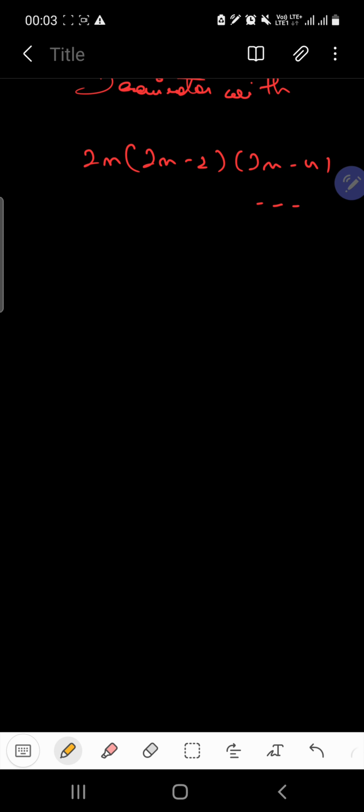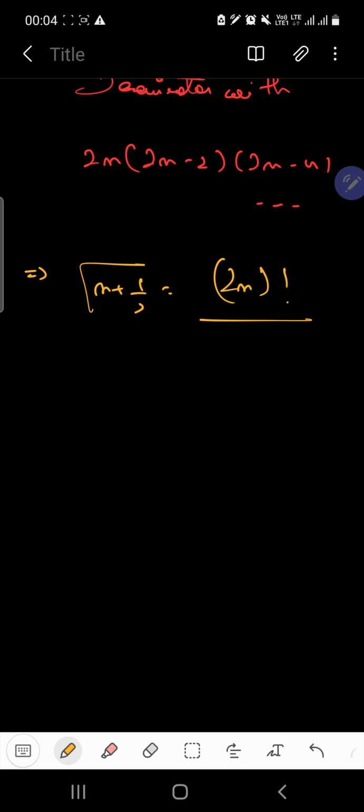So from here, gamma of n plus half becomes, above, 2n factorial. Below, you are getting 2 to the power 2n times n factorial.